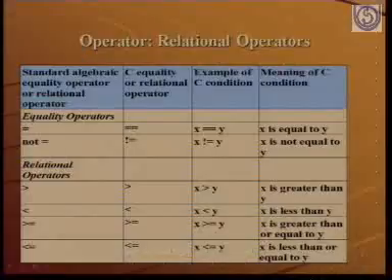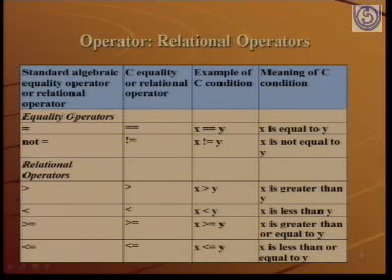Now another kind of operator we will see here is the relational operator. Relational operators are those operators which are used basically for finding out the truth of a given expression. Truth may be either true or false.